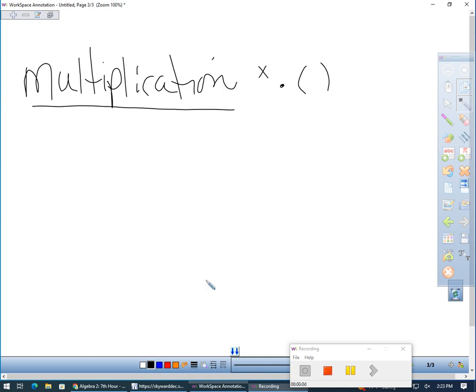Yeah, it's when they're next to each other. So if I had two things right next to each other, that also means we're multiplying them, right? All right, some words that mean multiplication. Multiply it is. Times, good, times.